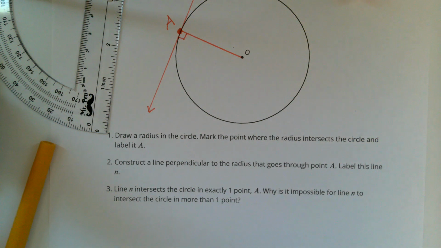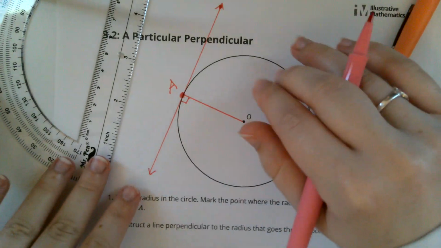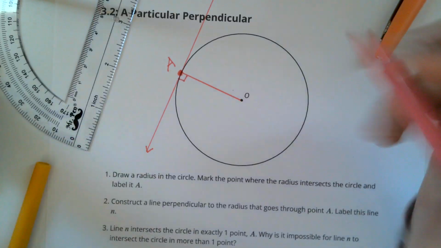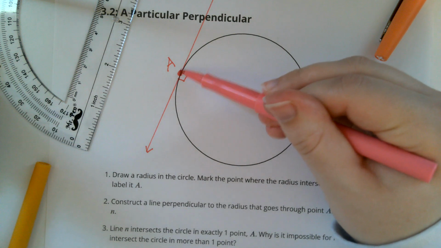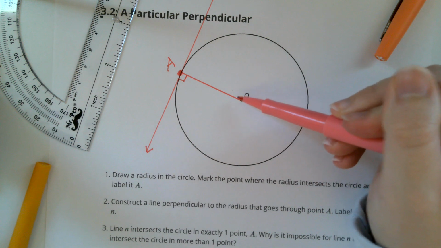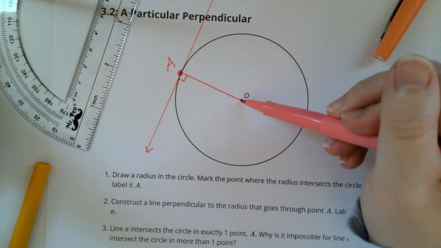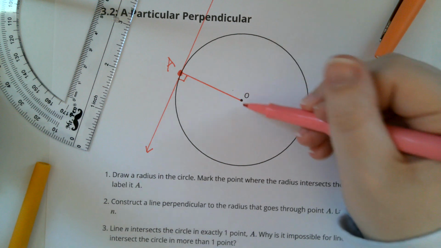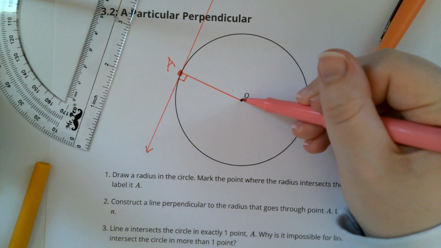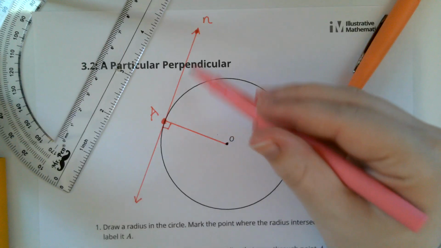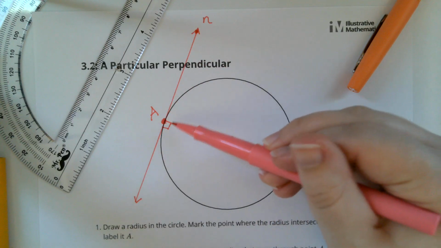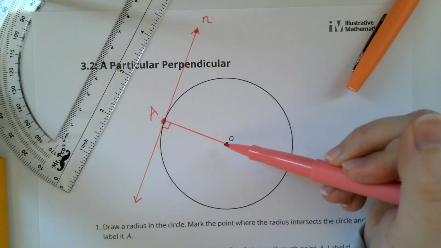You can go ahead and pause and think about that if you want to. I'm going to go ahead and explain this. So, if this line is perpendicular to this line, we know that the shortest path from this point to this line N is the path that's perpendicular to it.